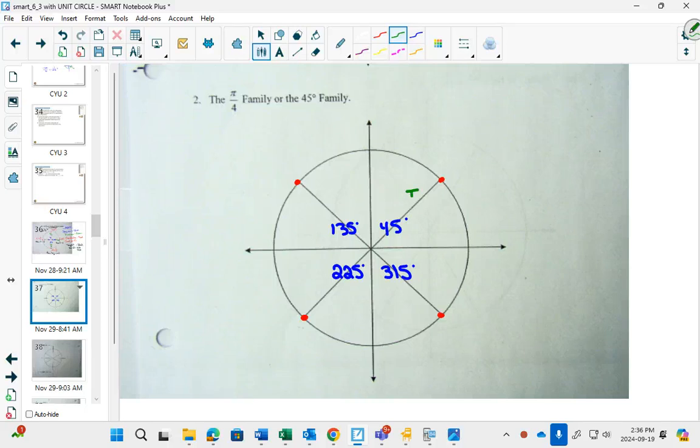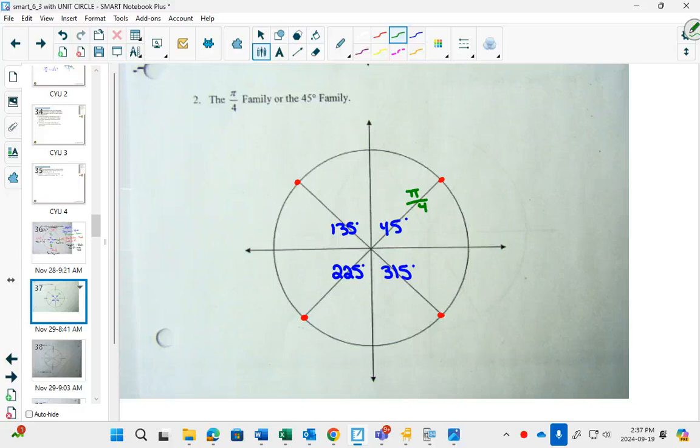In radians, 45 degrees is pi over 4. Do you remember the shortcut? Pi radians is 180 degrees. If you took 180 and divided it by 4, you'd get 45. So in radians, we would have pi over 4 radians. Now in quadrant 2, if you figured this out in degrees by going 180 minus 45, we now have to think the same way in radians.